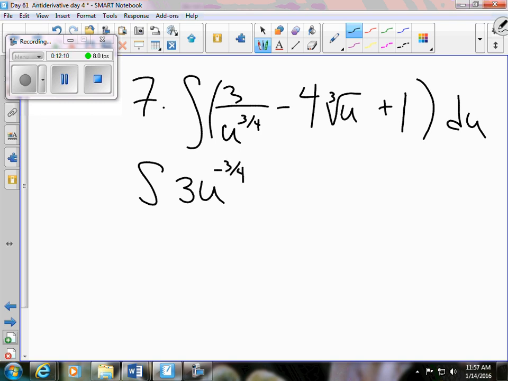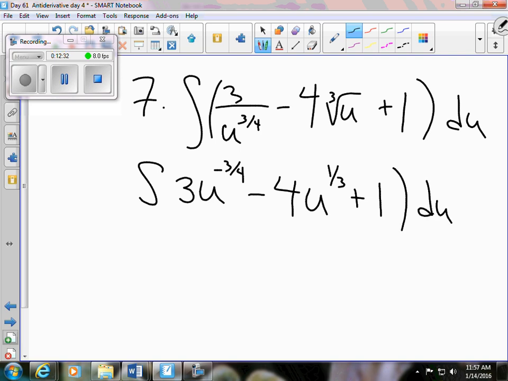Right? You always leave the number, just bring it up with a negative exponent if you have to. What about the next term? We're going to leave the negative 4. What about that cube root of u? u to the 1/3. Good. And then the 1 is fine.